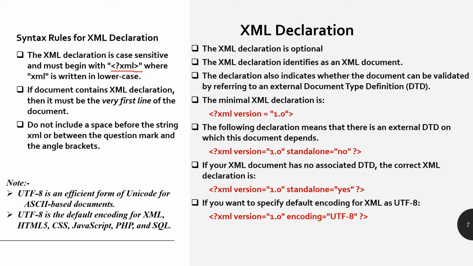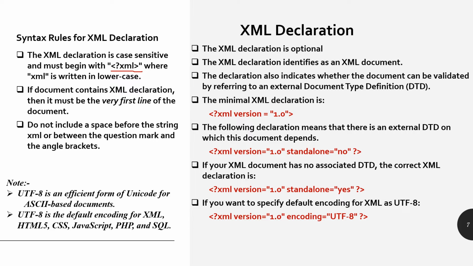Then one more thing is, the declaration also indicates whether the document can be validated by referring to an external document type definition. It is essential for the validation. Most of the time, validation is very important.